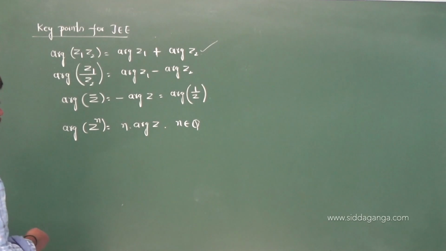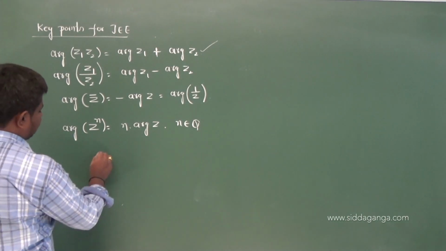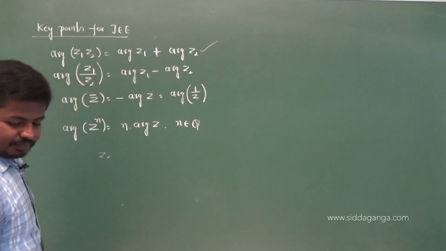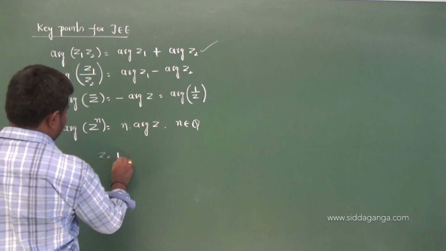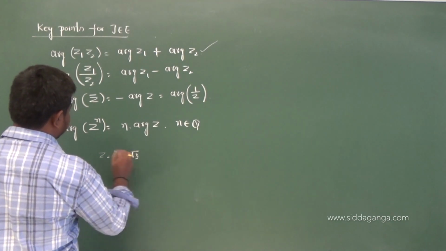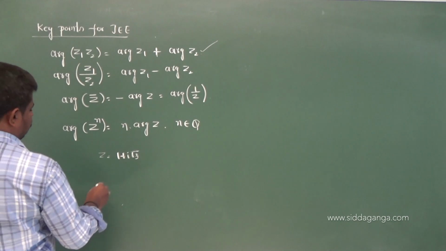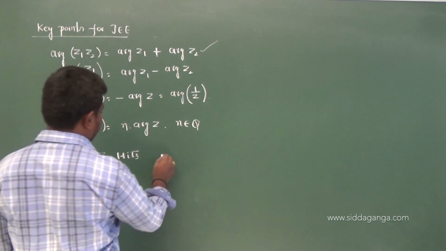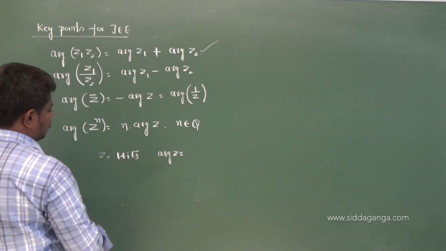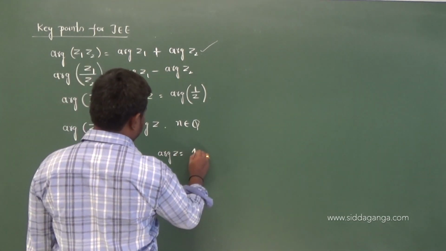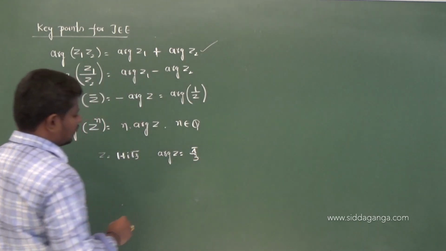Let me take the same example, z equal to 1 plus i√3, whole square. Argument of z is what? Argument of z is tan inverse of √3 by 1, that is π/3. Argument of z is π/3.